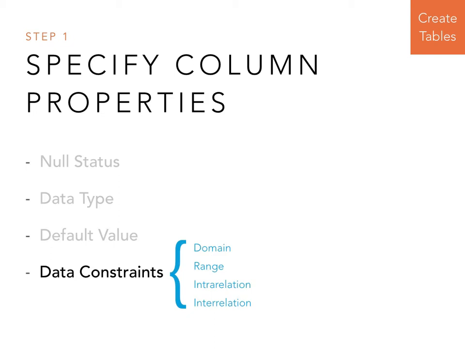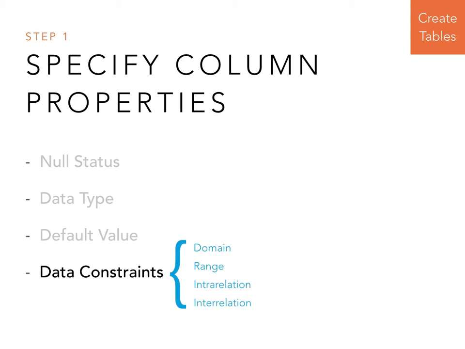So if we're recording gender, then the only possible values that could go in that string are MALE and FEMALE. You follow me? When you have a set of values that are the only values in the domain that are legal to put. Range constraints are similar, but just means we have a range of values, like numeric values. Numbers that go in this box have to be between 1900 and 2100.